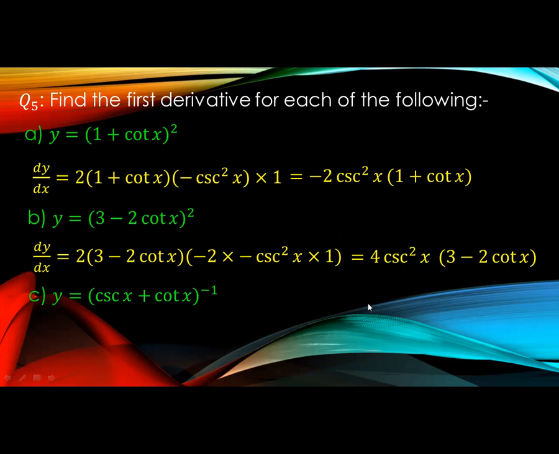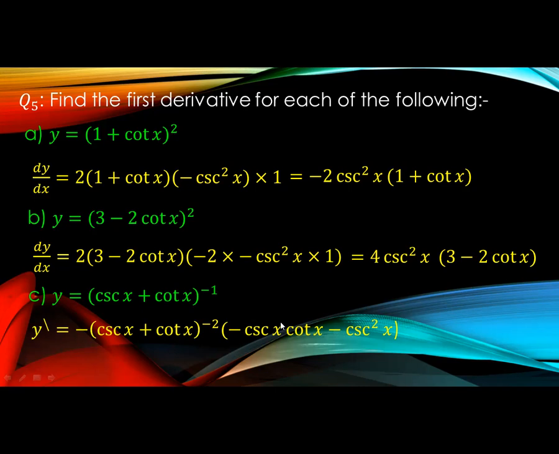Letter C, y equals (cosec x plus cotan x) all to the power negative 1. Also this function is a base, cosec x plus cotan x, raised to the power negative 1. The first derivative y dash is negative 1 with the power, (cosec x plus cotan x) all to the power negative 2, subtract 1 from the power, times the derivative of the base.